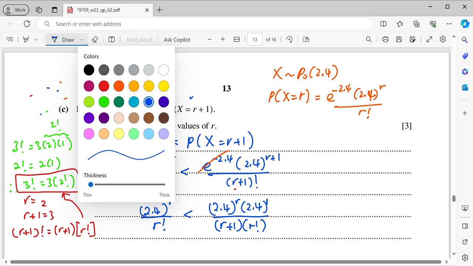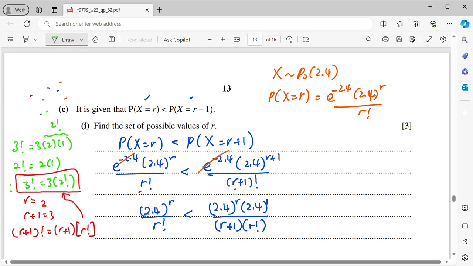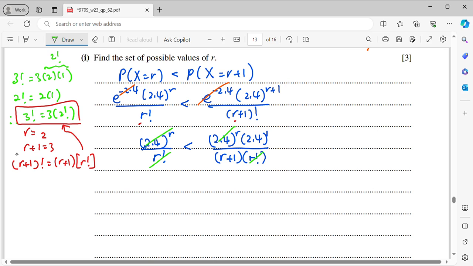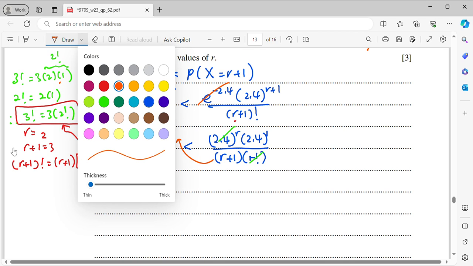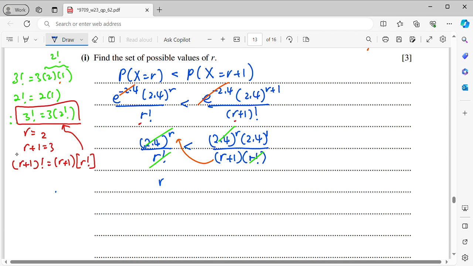And then now I can cancel terms. So 2.4 to the power of r cancels off. r factorial will be cancelled off. And then to get the r, this r plus 1 will be moved up. Okay, therefore, I will be getting r plus 1 is less than 2.4. So then your r is less than, this 1 moved to the other side, I will be getting 1.4.